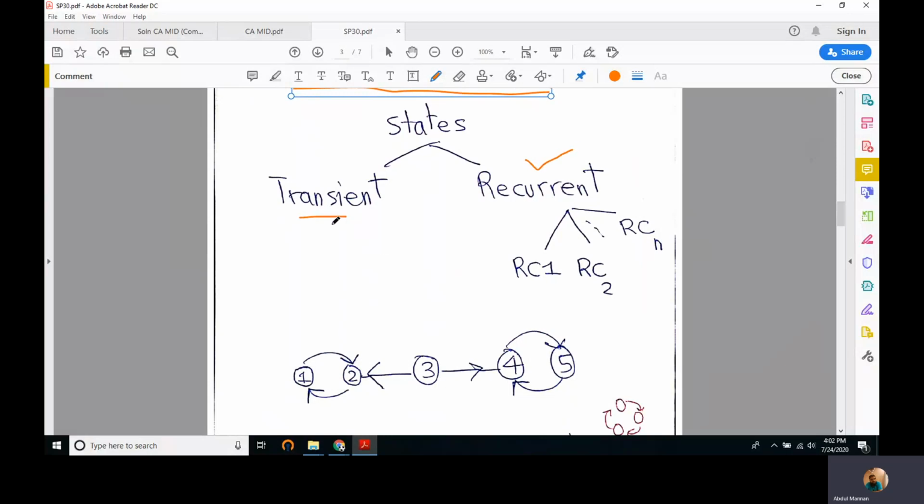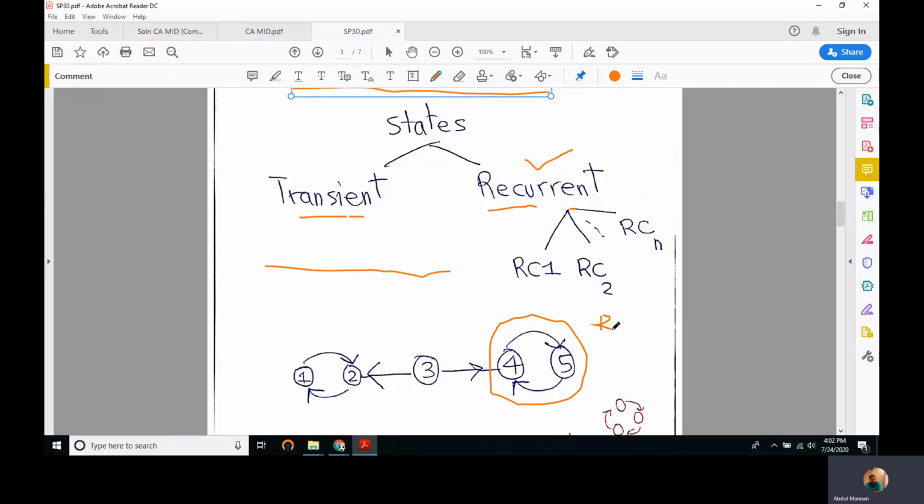If they are transient, this means that as time passes, the process can leave that state and may not return to that state again. Recurrent states compose and build classes. So in this chain, for example, we can build a recurrent class by using states number 4 and 5.